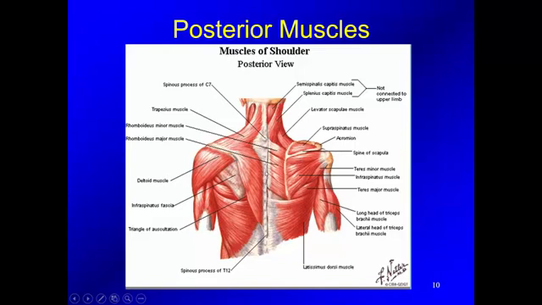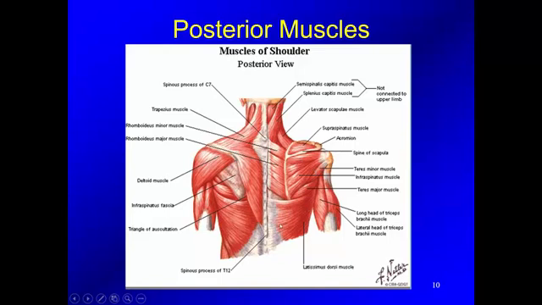Some of the muscles on the back that you need to know. The trapezius muscle, the deltoid, the supraspinatus muscle, and the infraspinatus is underneath it, teres major and teres minor.